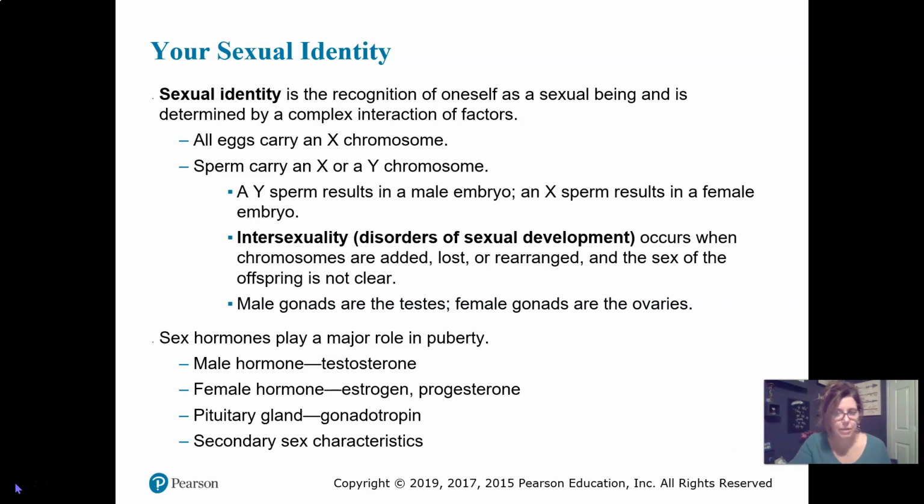Hormones released by the pituitary gland, called gonadotropins, stimulate the testes and the ovaries to make appropriate sex hormones. The increase of estrogen production in females and testosterone production in males leads to the development of the secondary sex characteristics like vocal pitch, body hair, and location of fat deposits. Yep, even our fat deposits are determined by sex.